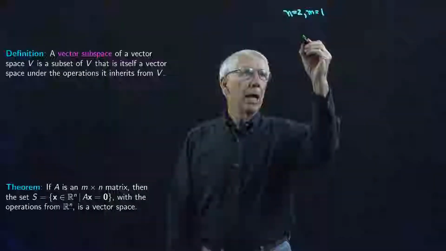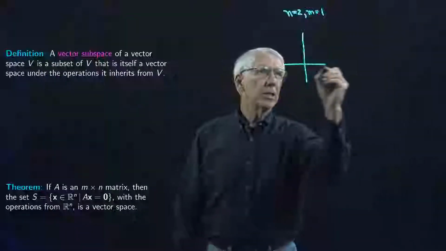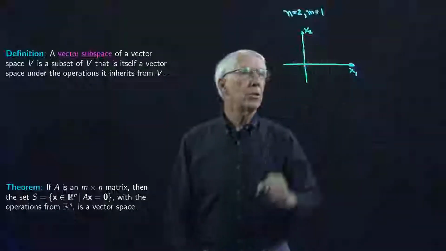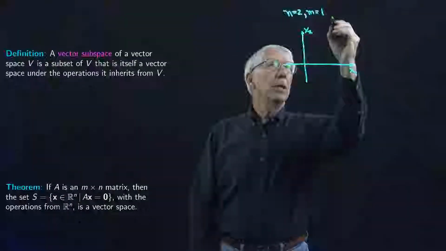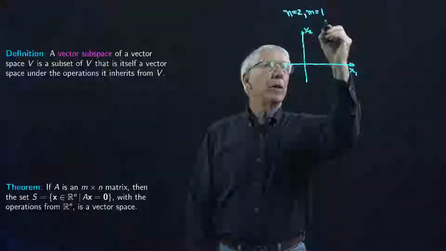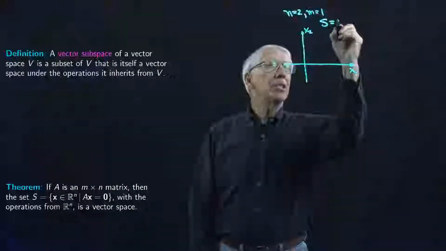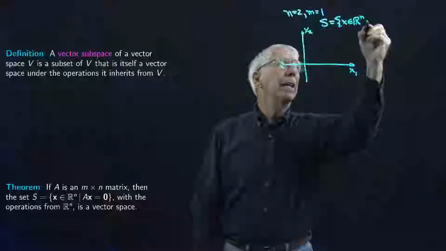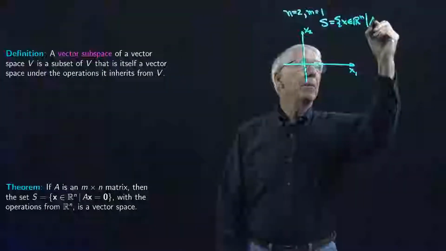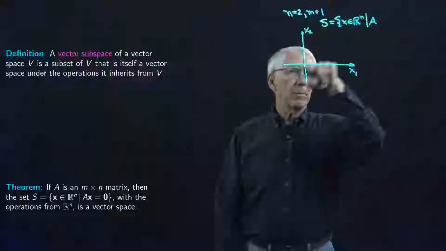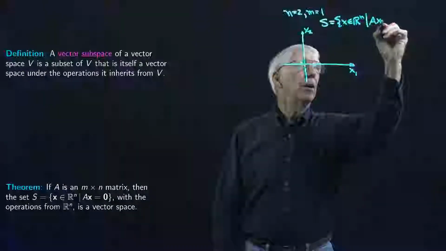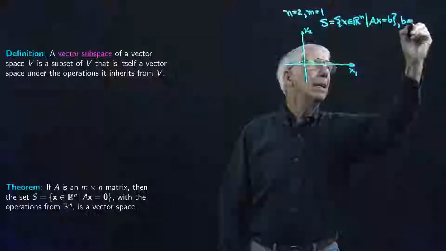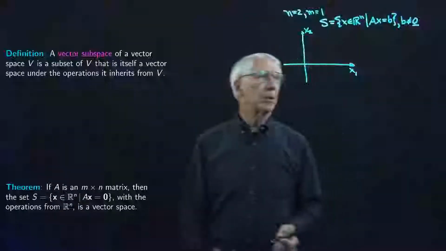Here's x1, here's x2, and I want the example to be one where S is the set of all vectors in Rn such that, and I'm going to do this in general, but of course write the example in R2, Ax equals B, where B is not the 0 vector.